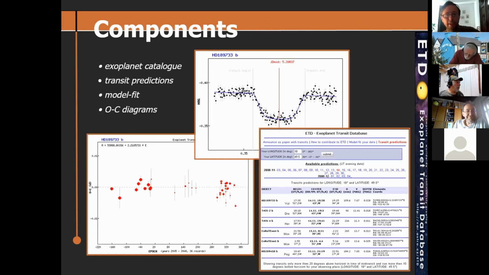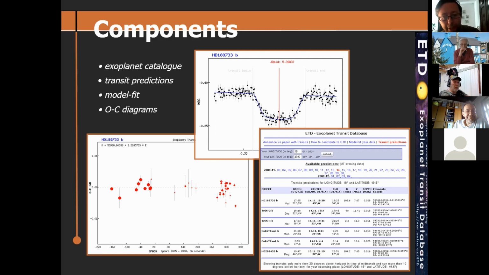So what are the components of ETD? I think many of you know, but it should be mentioned. It's the exoplanet catalog with exoplanet ephemerides and other important data about them.